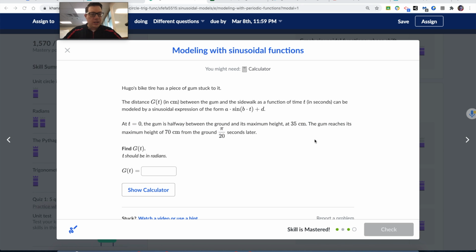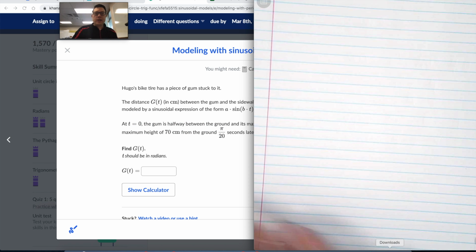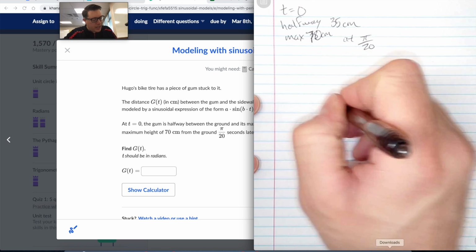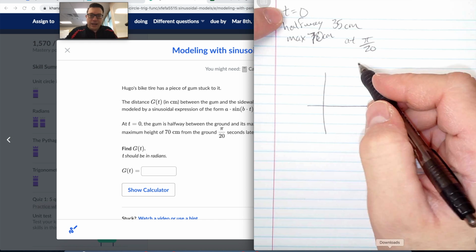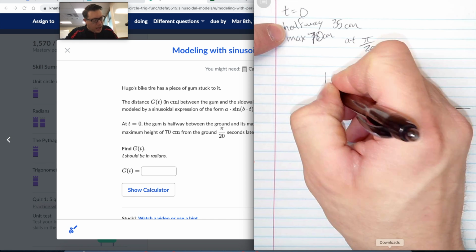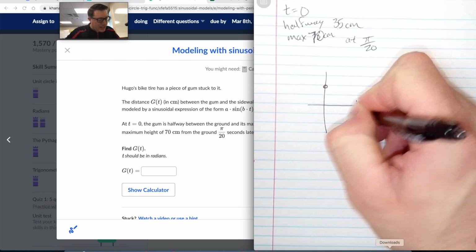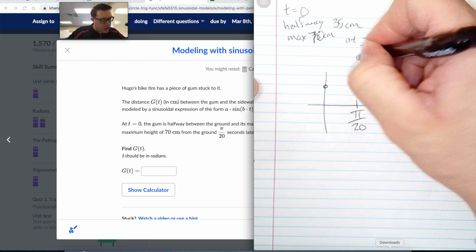Let's go to my doc camera and take a look at some of the things that we can get from this information. First of all, I'm just going to do a quick sketch here. At time t equals 0, the gum is halfway up, 35, and then at pi over 20 seconds later, the gum has reached its max.